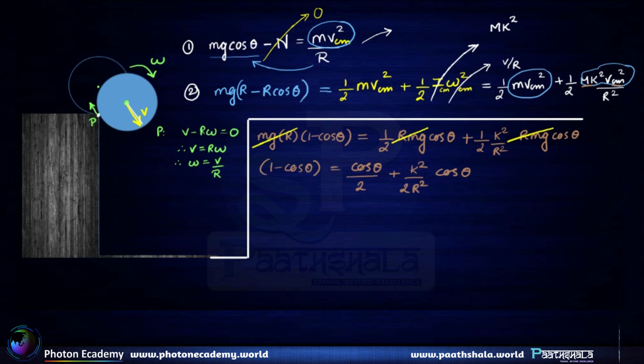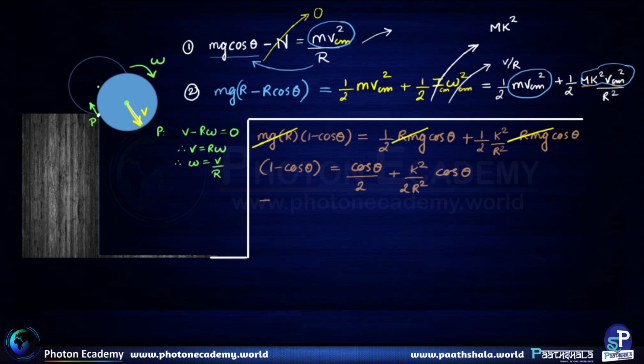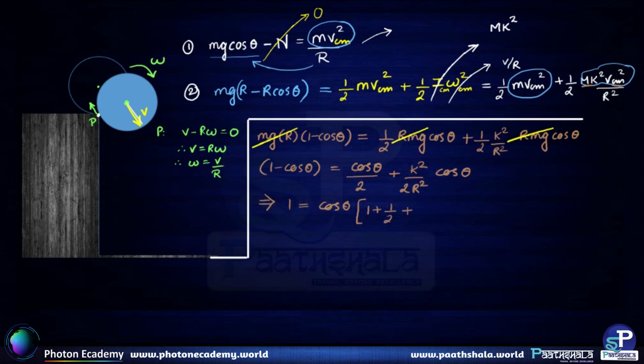So that means we can write this equation as 1 is equal to cos theta into bracket 1 plus half k square over r square.